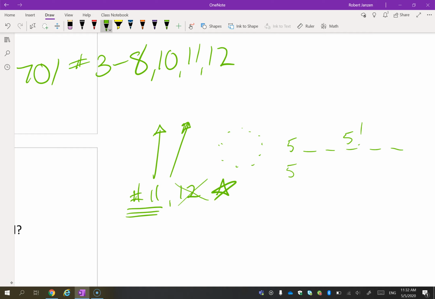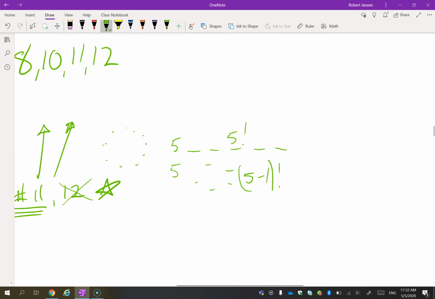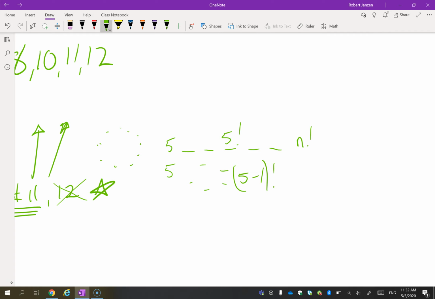If you have 5 and it's in a circle, it's (5 minus 1) factorial. So in general, if you have n factorial in a row, it's (n minus 1) factorial in a circle. Again, you don't need to know that, but that's how you do it.